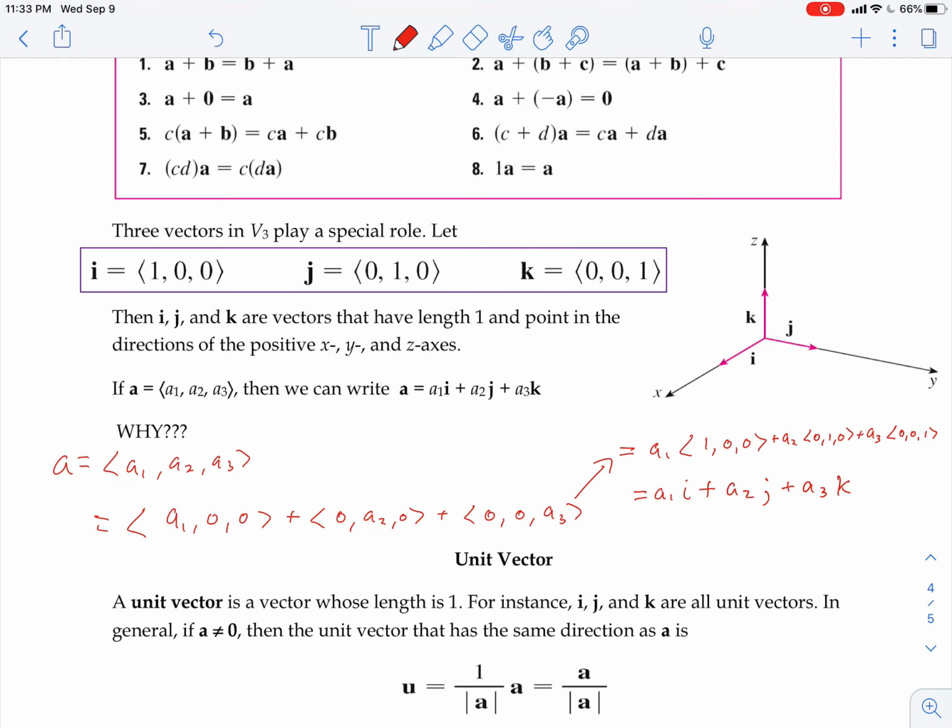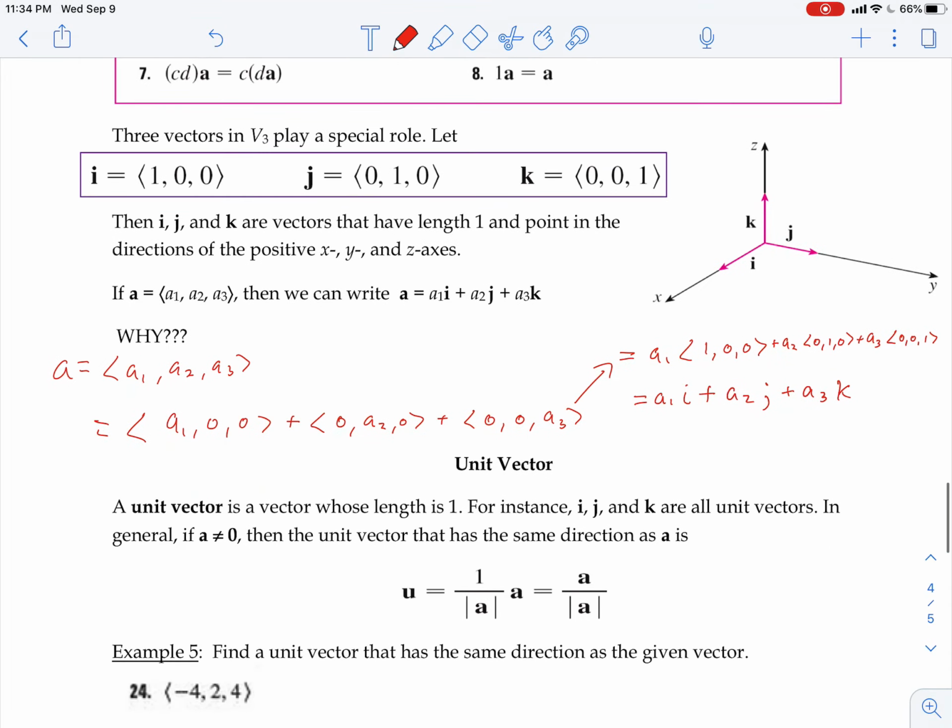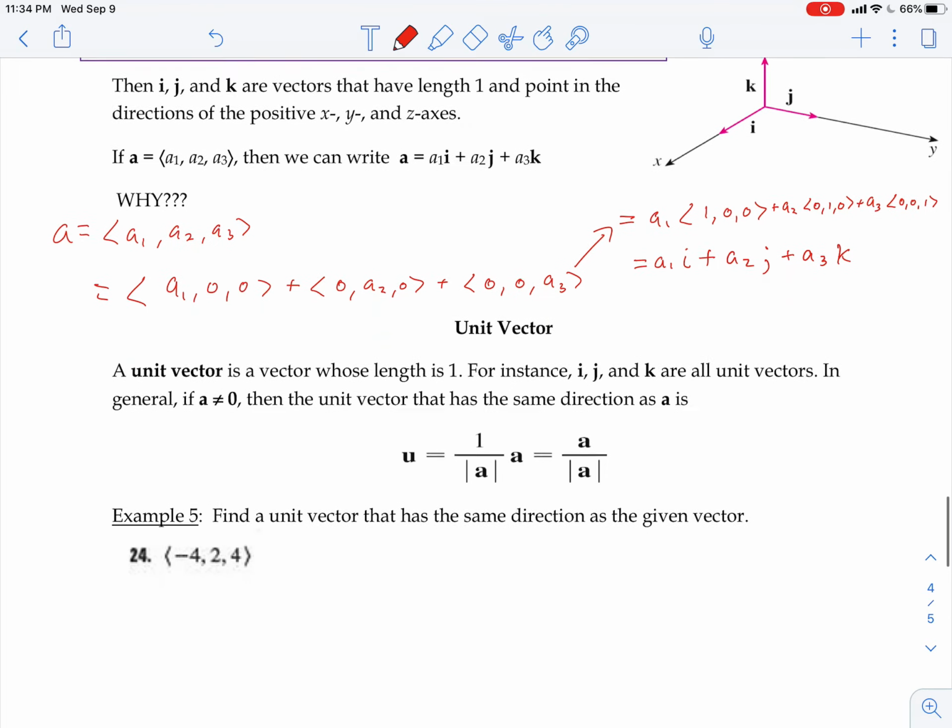And so that's why I'm able to rewrite vector A as, instead of a sub 1, a sub 2, a sub 3, as a sub 1 I plus a sub 2 j plus a sub 3 k. So basically all this is just another way to write a vector. But this is called standard basis vectors. And again, this is used a lot in physics and engineering.